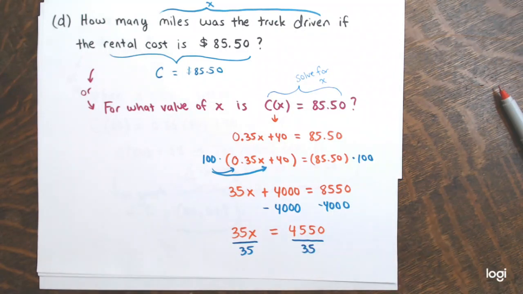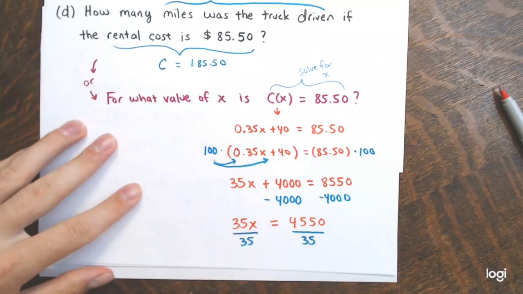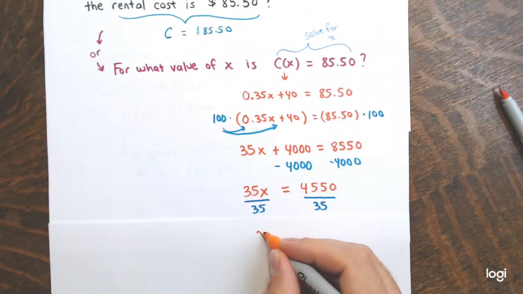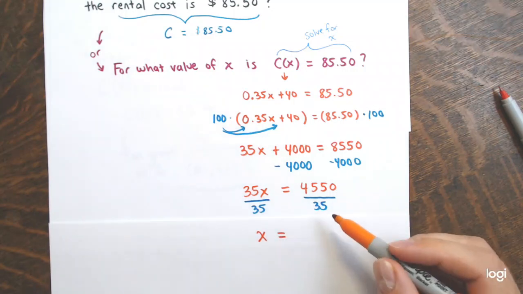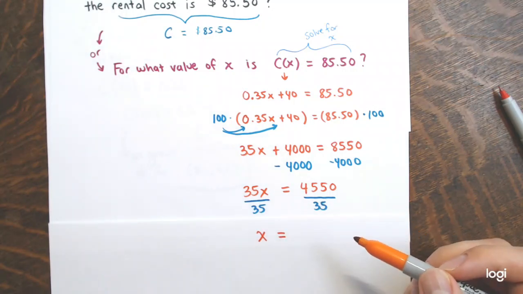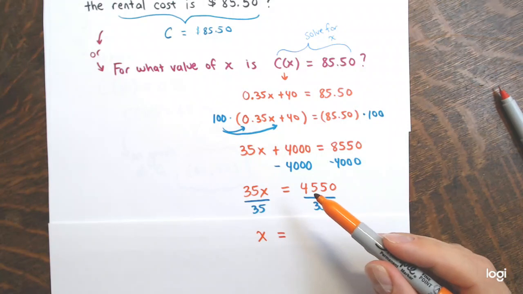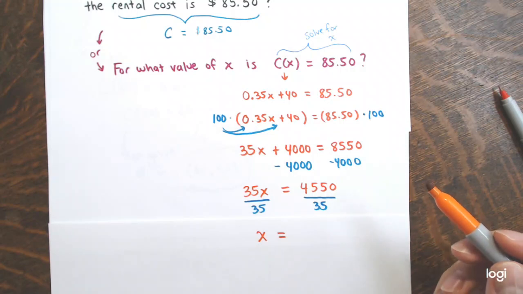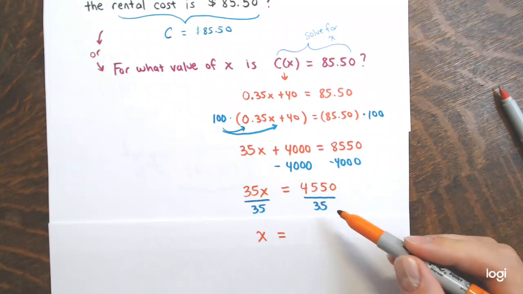All right, and then I have my x on one side. Sorry about the pushing here, the paper. Then we have 1x on one side equals, and then you can set up long division if you want. 35 goes into 45 one time with 10 left over, and then you drop the 5. 35 would go into 105 3 times, and it looks like the answer is going to be 130.